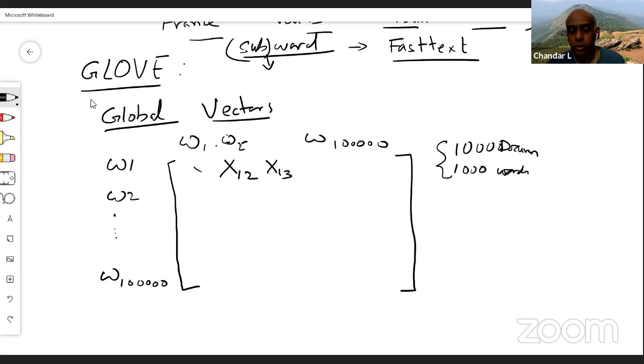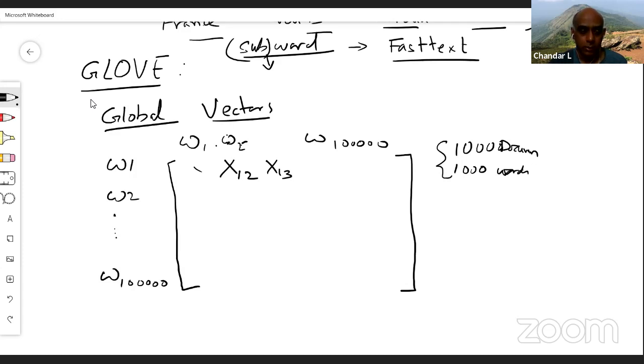In general, there are many more documents and many more words per document, but just for specificity. Let us look at each one of these documents, and in each document, look at the co-occurrences of the different sets of words. Let us say word 1 is bread and word 2 is butter, as I mentioned. Now, how many times do they co-occur?